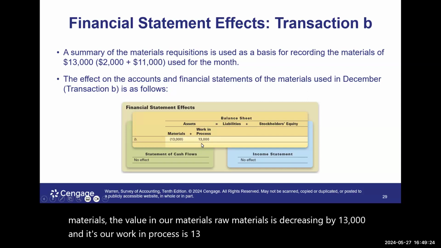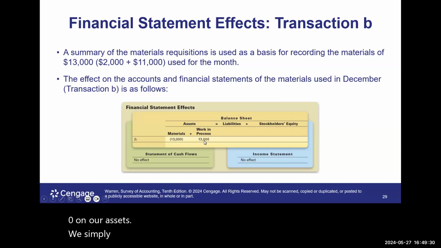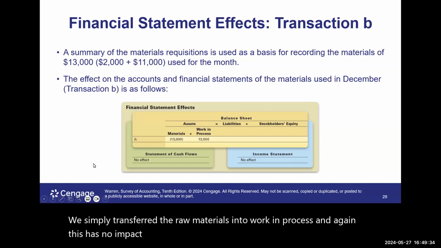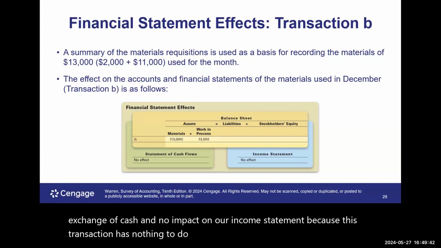So we see that there's a net effect of 0 on our assets. We simply transfer the raw materials into work in process. Again, this has no impact on our statement of cash flows because there's no exchange of cash, and no impact on our income statement because this transaction has nothing to do with our revenue and nothing to do with our expenses.